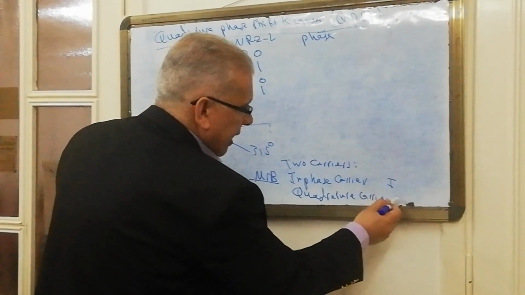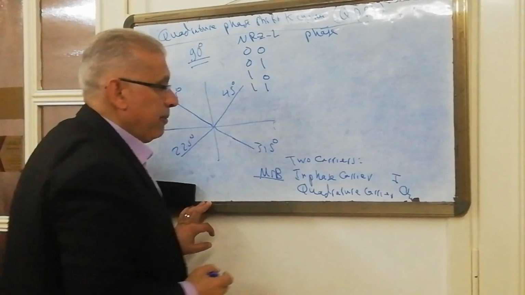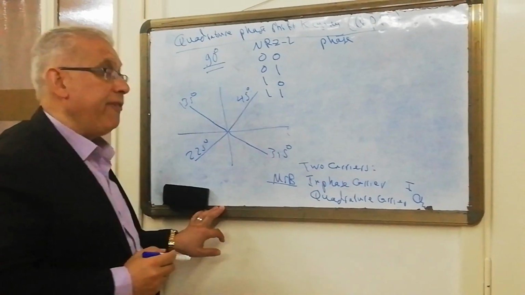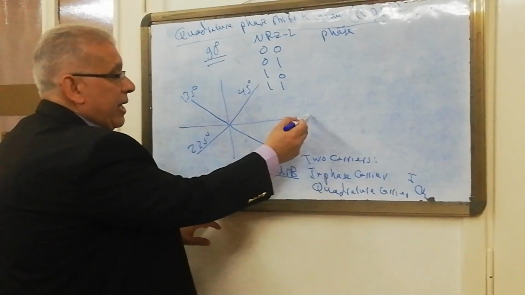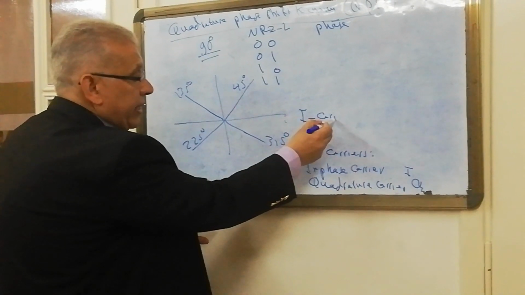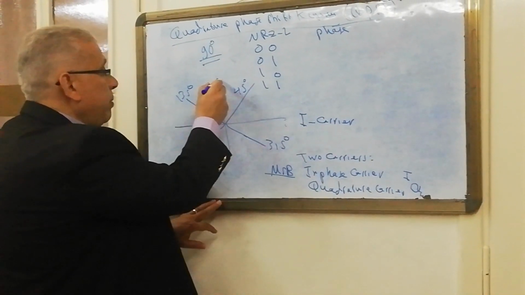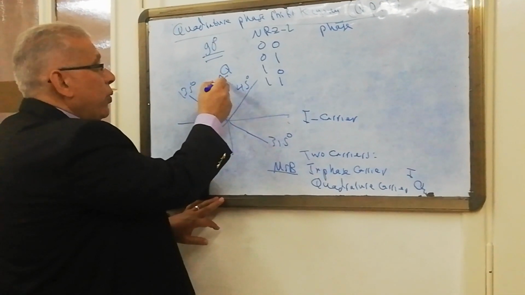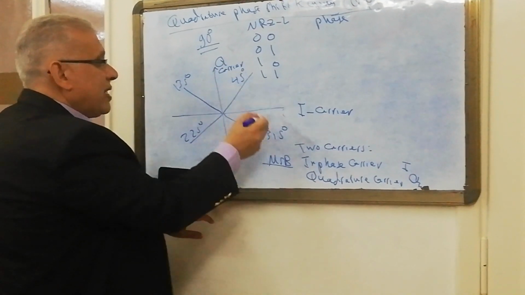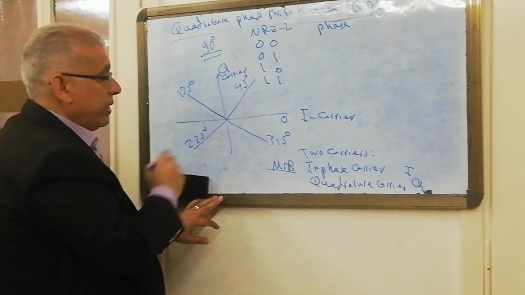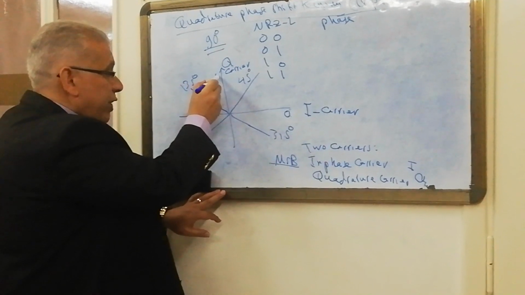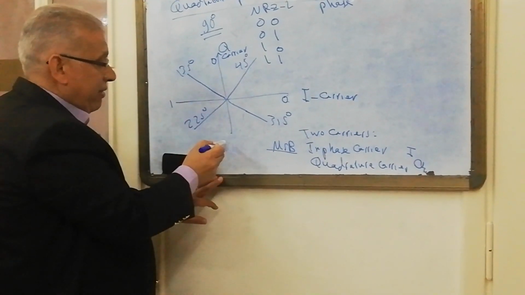This is the I carrier and this is the Q carrier. Between them we have a 90-degree phase shift. Here is our I carrier, the in-phase carrier, and here is our quadrature Q carrier. We assign 0 for this level, and here we also have 0. Here we have 1, and here 1.